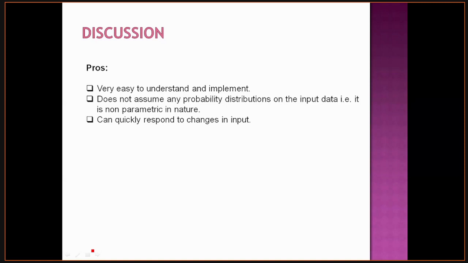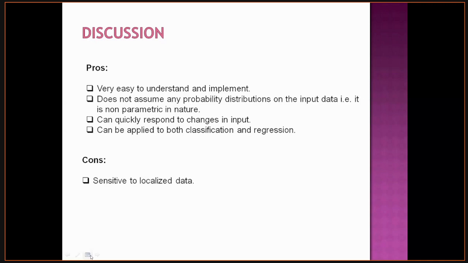So with the variation in training records, the prediction will also vary. Okay, so that may be a good thing, that may be a bad thing also. And it can be applied for both classification and regression problems. Actually, I'm not going to get into that, but most of the algorithms which are applicable for classification can be equally applicable for regression and vice versa.